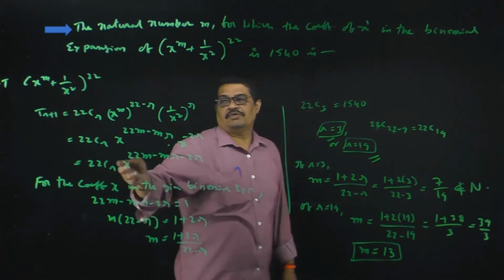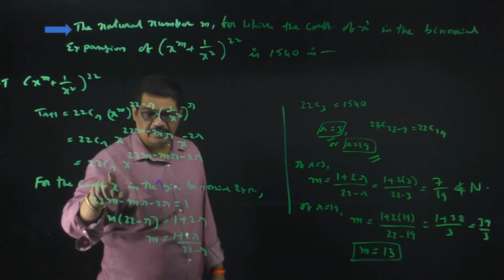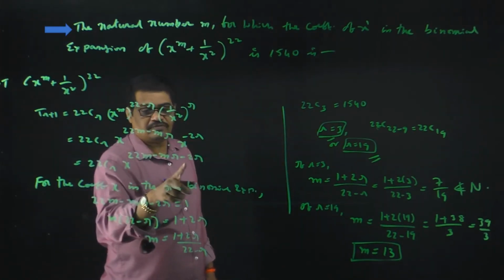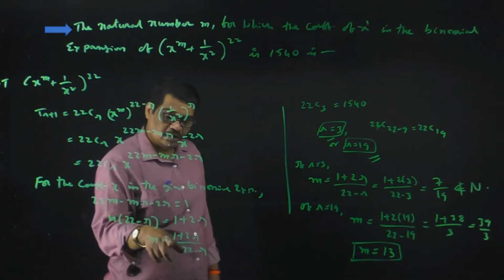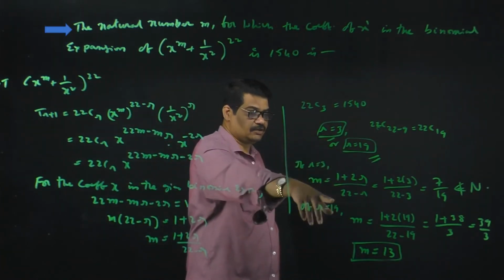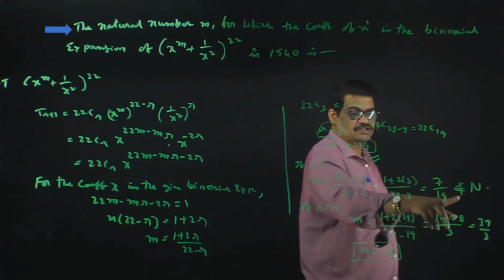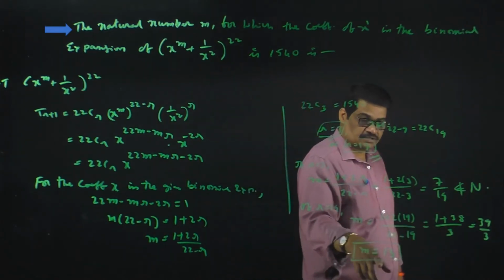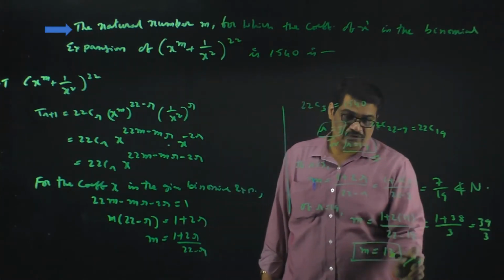We write the general term and equate the power of x to 1, getting m equal to (1 plus 2r) by (22 minus r). Substituting r is 3 gives 7 by 19, which is not a natural number. If r is 19, then m is 13, which is a natural number. This is the value of m.